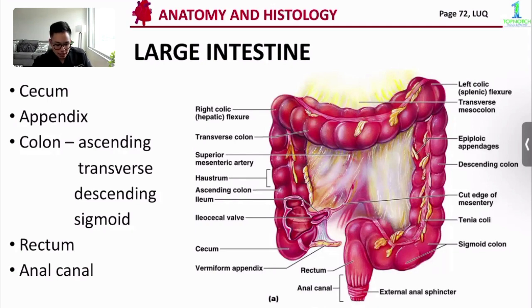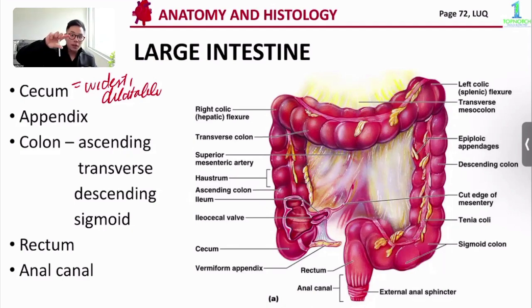The large intestine is made up of different parts. You have your cecum, which is, by the way, the widest and the most dilatable as per Snell. You have there the appendix. You have there the colon. The colon in itself is made up of the ascending, which, by the way, is said to be retroperitoneal.